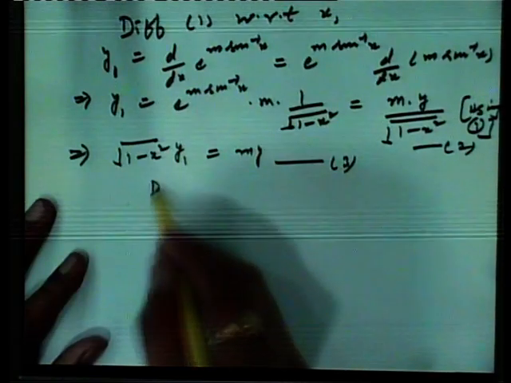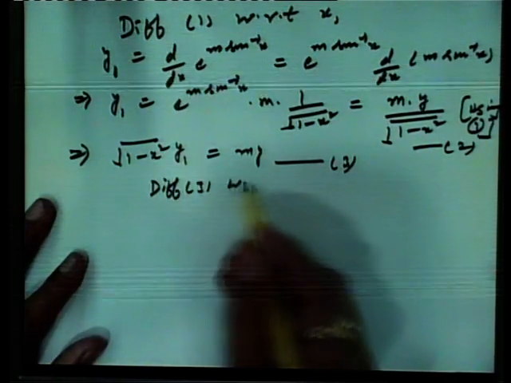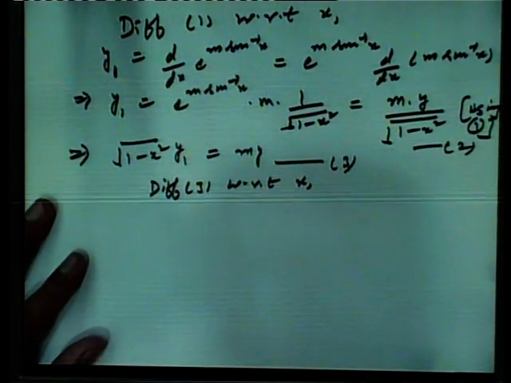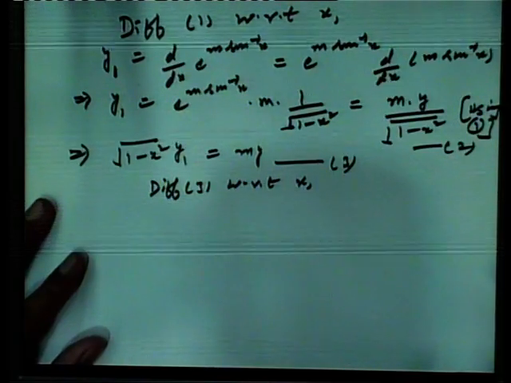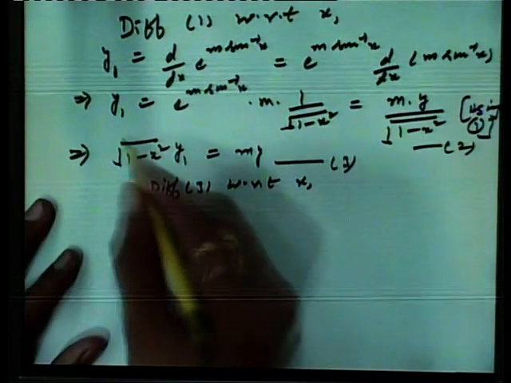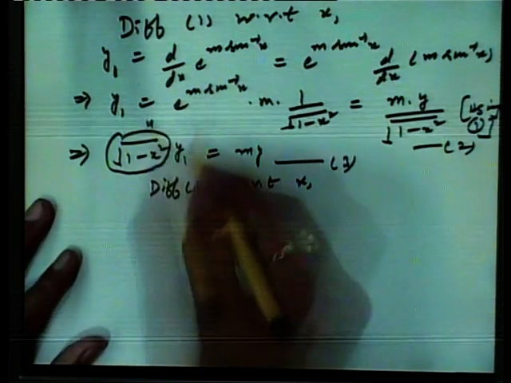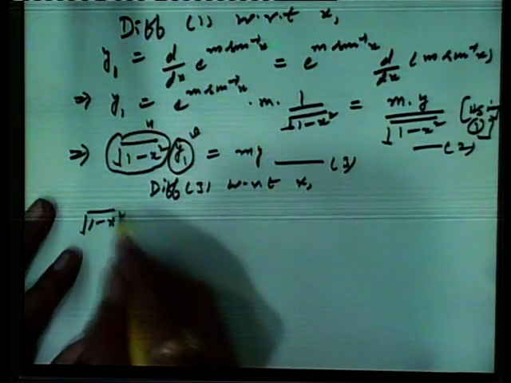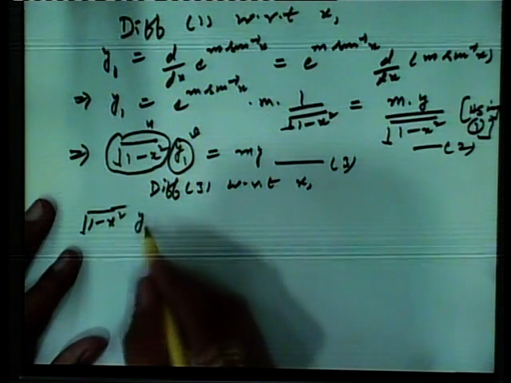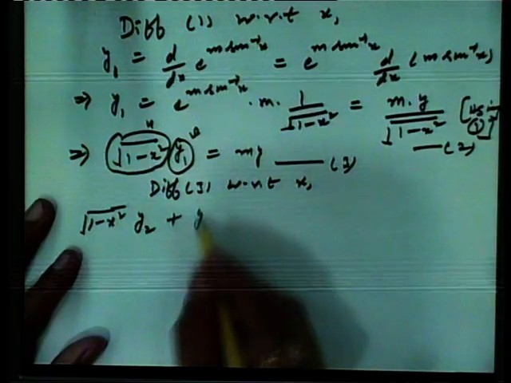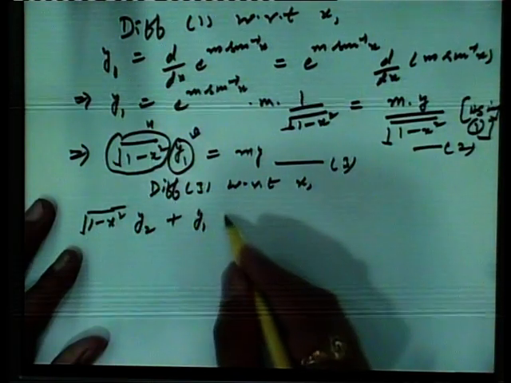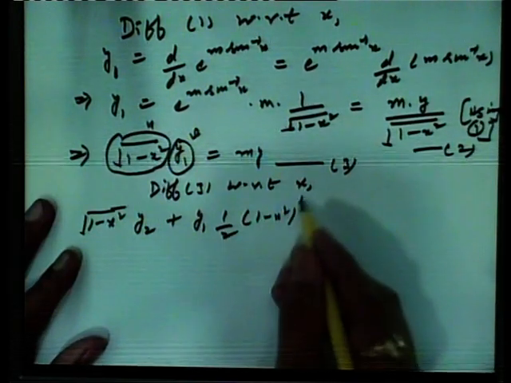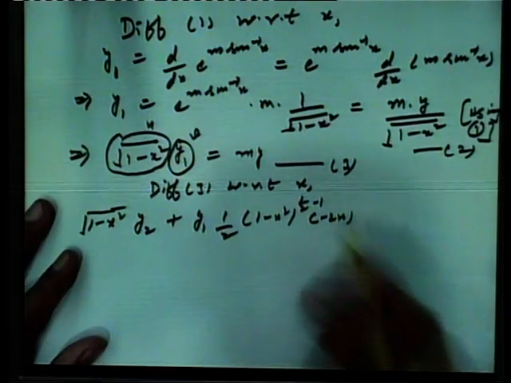So, differentiate 3 with respect to x. On the left hand side you have a product of two functions, so you can apply the u into v formula. Here this is u and this is v. So, u into d dx of v, y1 differentiation is y2, plus y1 into d dx of the square root of 1 minus x square, which is 1 by 2 (1 minus x square) to the power 1 by 2 minus 1 into minus 2x.